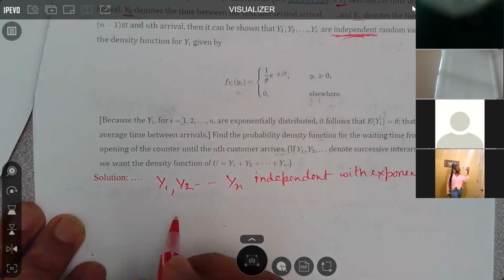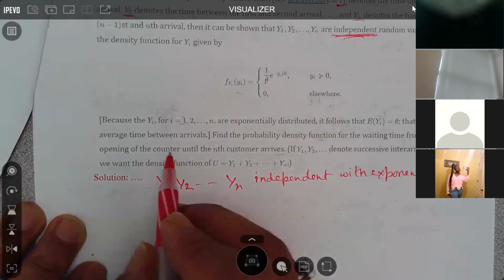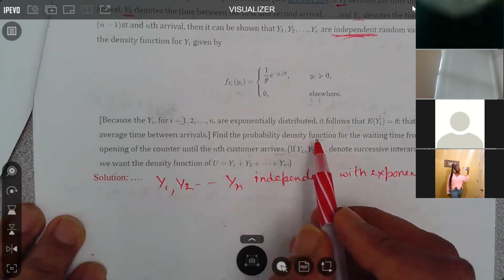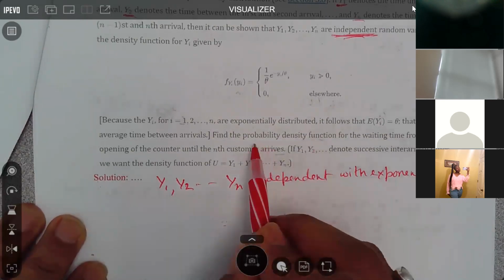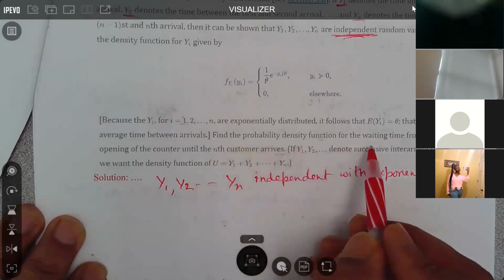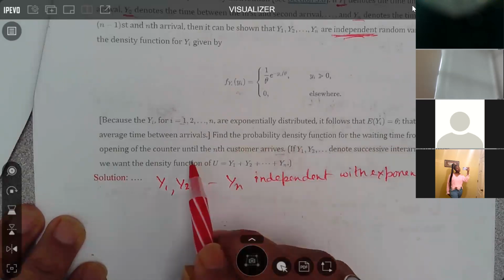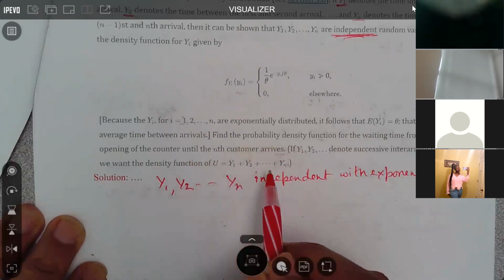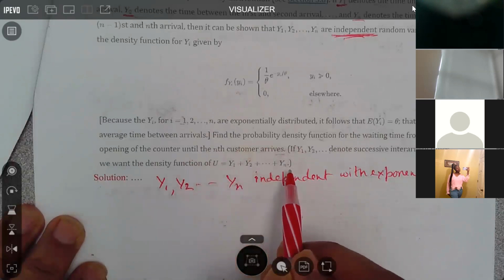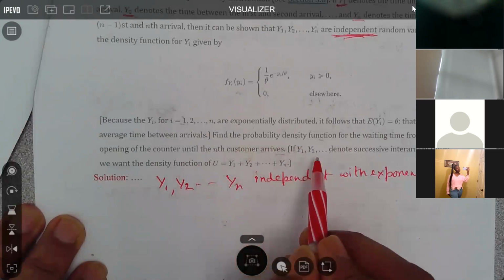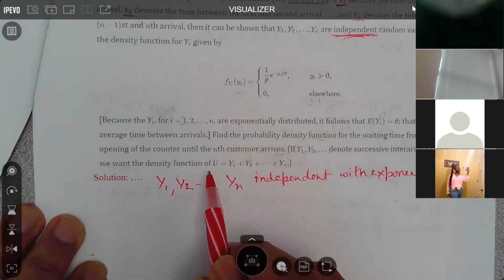Now we would like to find the probability density function of the waiting time from the opening of the counter until the nth customer arrives.